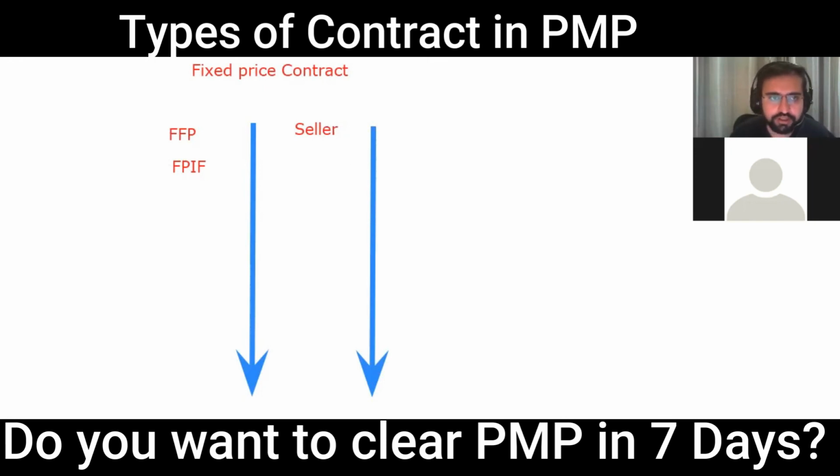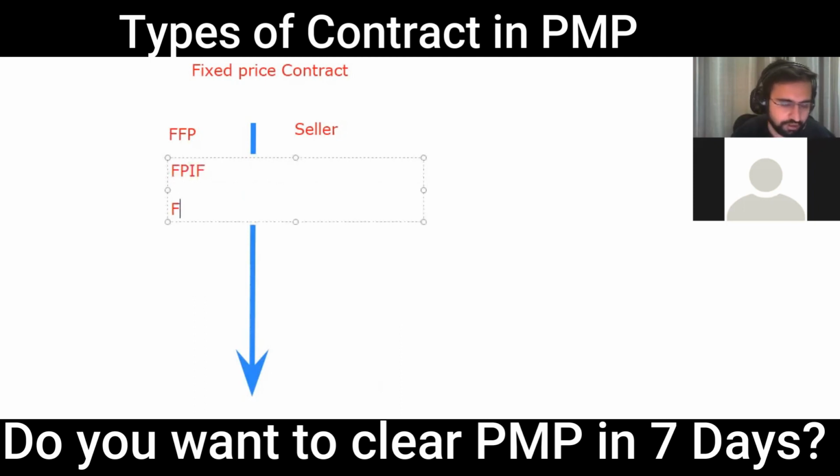So this was fixed price incentive fee. Then we have fixed price economic price adjustment, EPA. Is this clear? Fixed price contract is clear. First tell me, then I'll move forward. Yes, fixed price contract is clear. Now we'll move to the cost reimbursement.